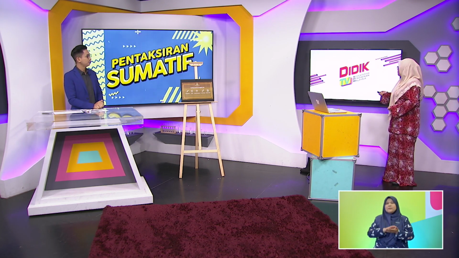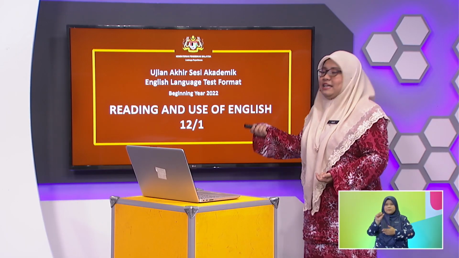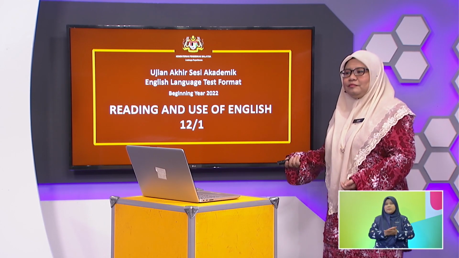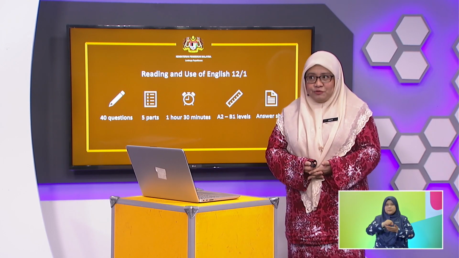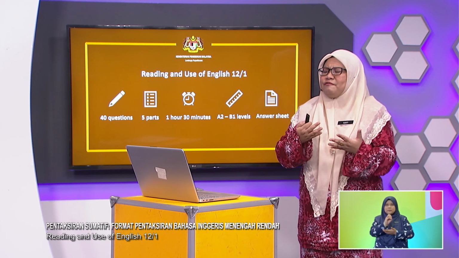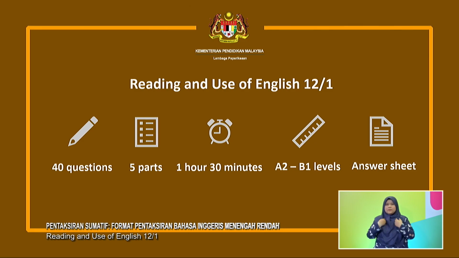We are going to focus on ujian akhir sesi akademik for paper reading and use of English 12/1. For reading and use of English 12/1, it consists of 40 questions. There are a variety of task types: MCQs, error corrections, information transfer, as well as short answer questions and gap text.